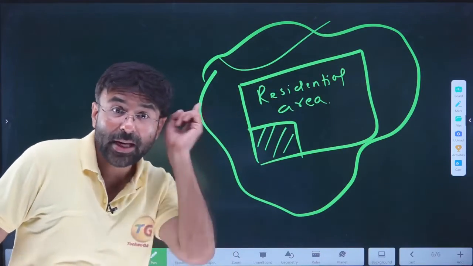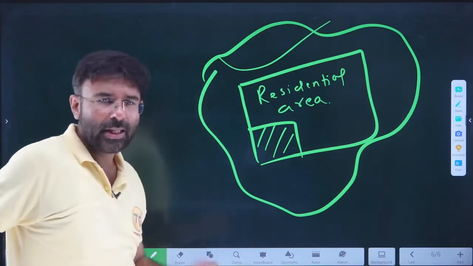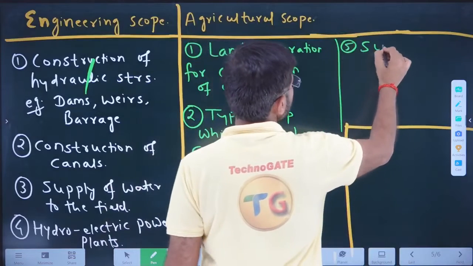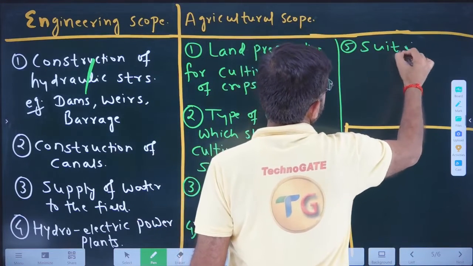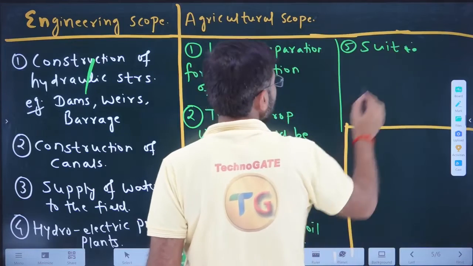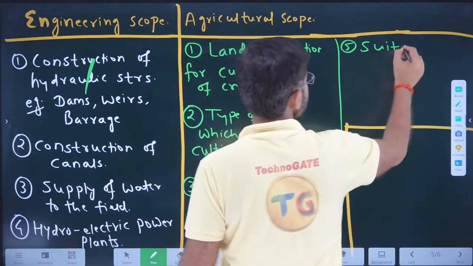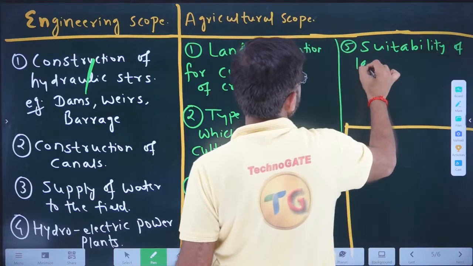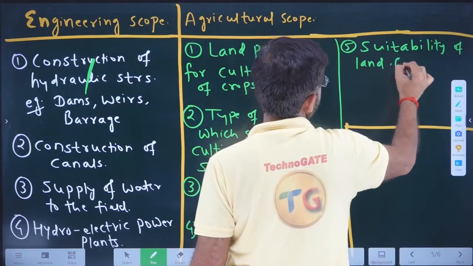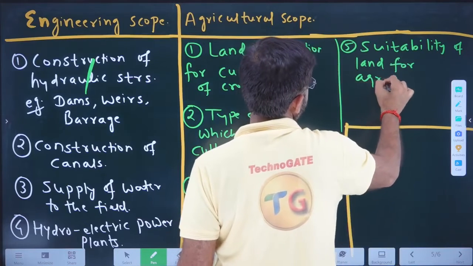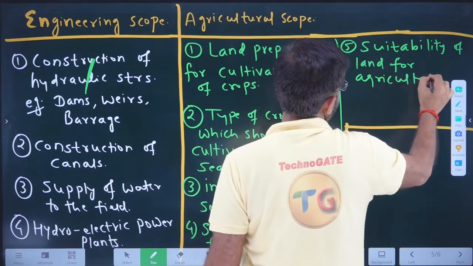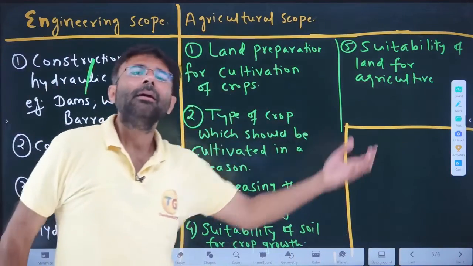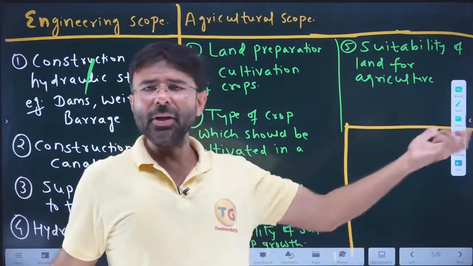So I'll have to decide the suitability of the land also for agriculture. Suitability of land for agriculture. For farming you can also write. Not necessarily agriculture, you can write suitability of the land for farming.